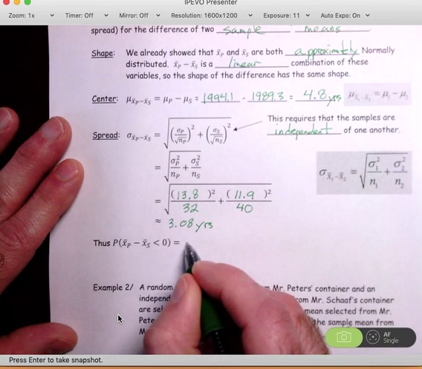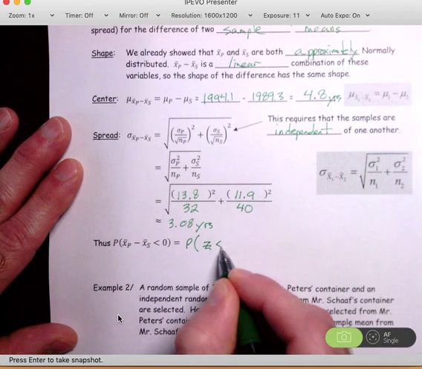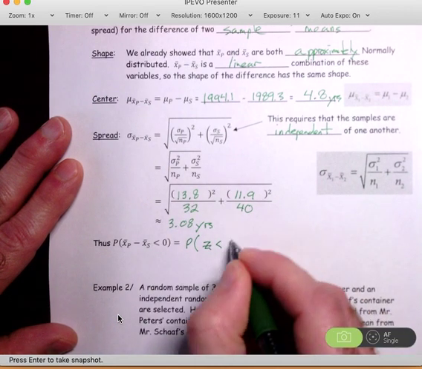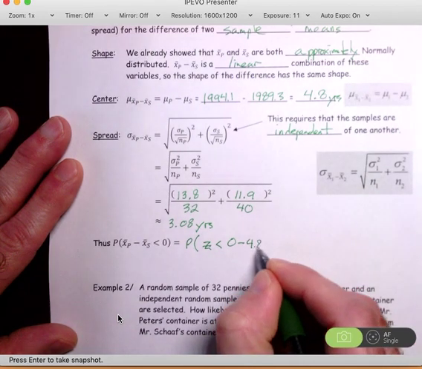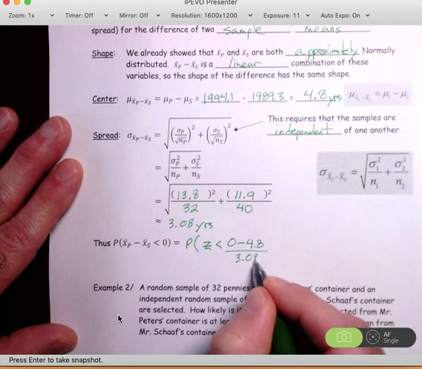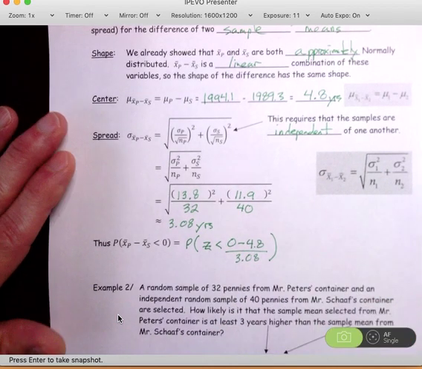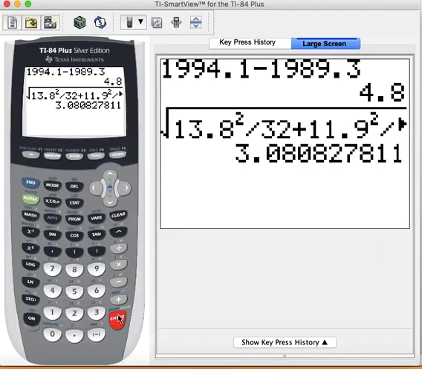Okay, well, let's change this to a probability in terms of z-scores. So we'll take our boundary of 0, we'll subtract the mean of 4.8, and then we'll divide by the standard deviation of 3.08, and that will give us a z-score. Let's find out what that is. So we will take 0 minus 4.8, so that's just negative 4.8.